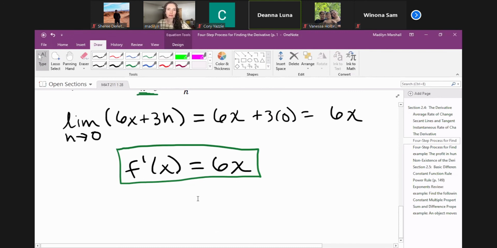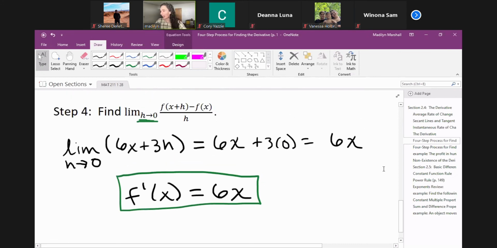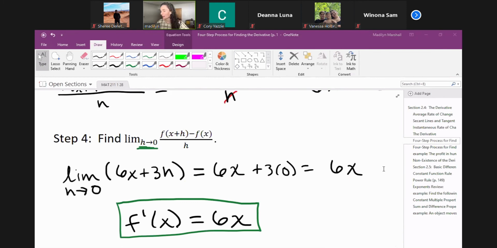Gotcha. So it makes more sense to have the labels and the units of measure than to make a real world experience out of it. Yes. And really, with calculus, basically anything that ever changes, the derivative can be applied to it.